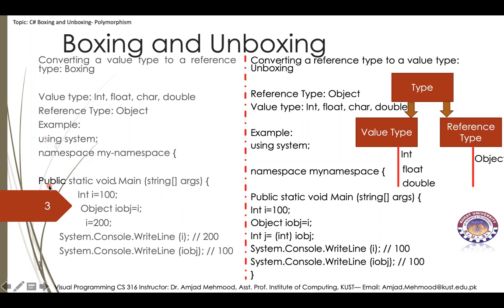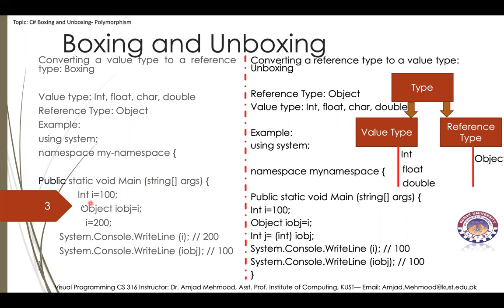So here you have access modifier, return type, name of the method, and then optional list of parameters. I think you know this because we have covered object oriented programming, and this was the last topic of object oriented programming, so you know all these things.